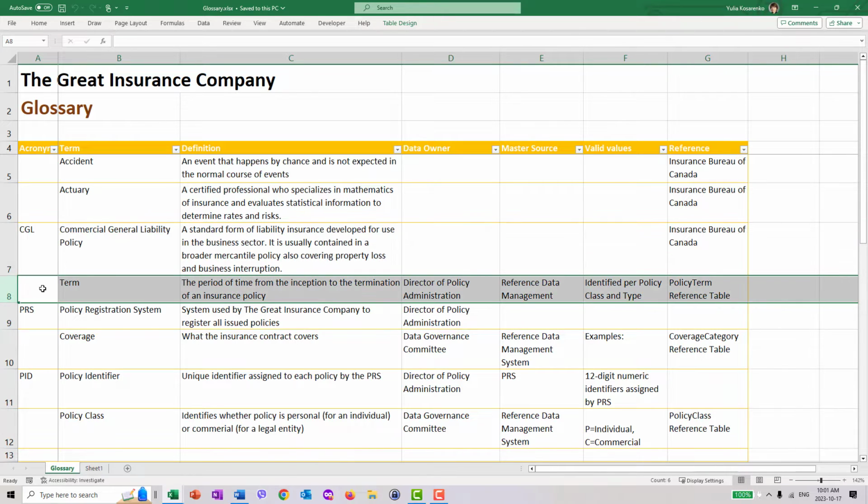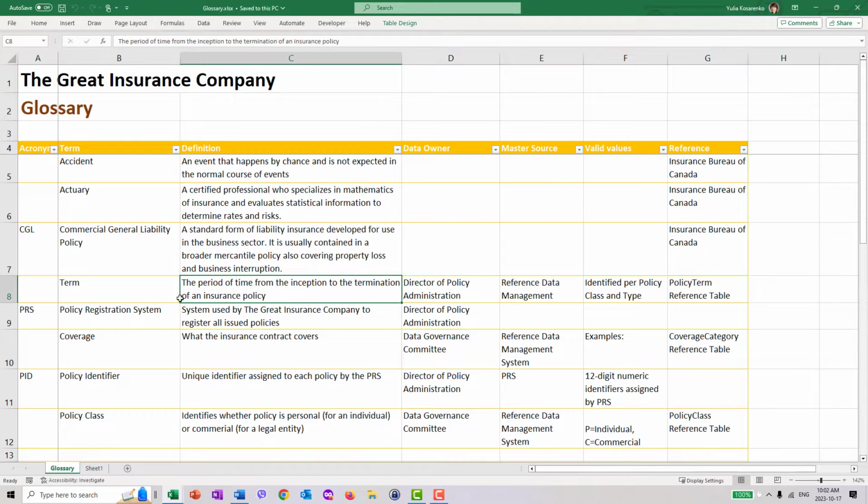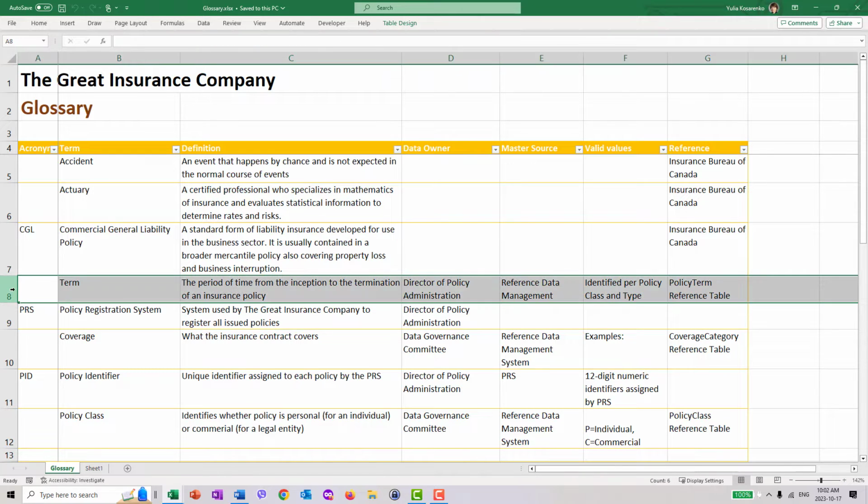Next one, term. So for the term that stands for policy term, I am including the definition that is specific to the company. Sometimes a company may choose to extend standard terminology or have their own version of it. And in this case, when I'm talking about the period of time from the inception to the termination of an insurance policy, what I'm indicating here is that it is an internal term and it has a data owner.